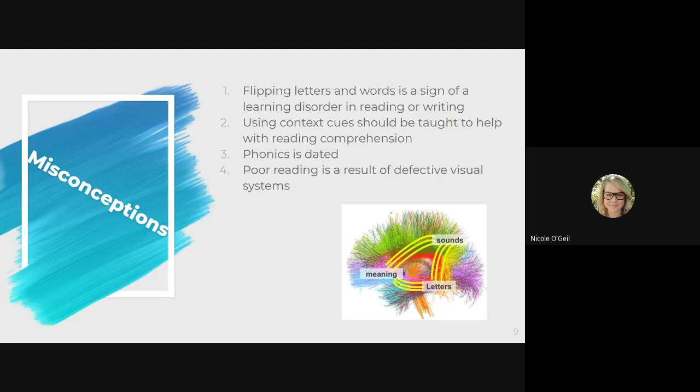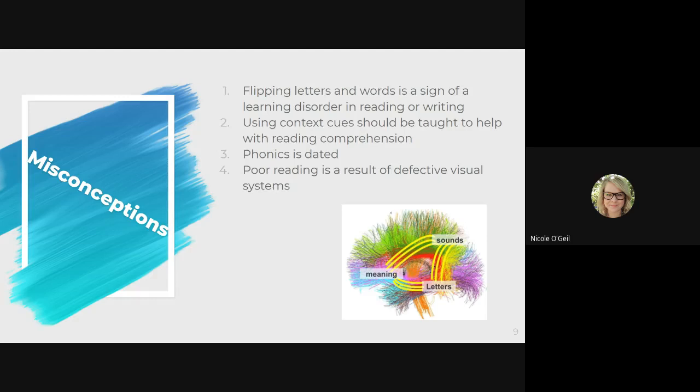Whereas a fluent reader, the identification of words is so automatic that there is so much more attention that can be devoted to comprehension. So researchers found that good readers do not actually use context cues to guess at words because the process of word recognition for them is so fast. The meaning of the word really comes before they can even look at the context to guess what that word is.